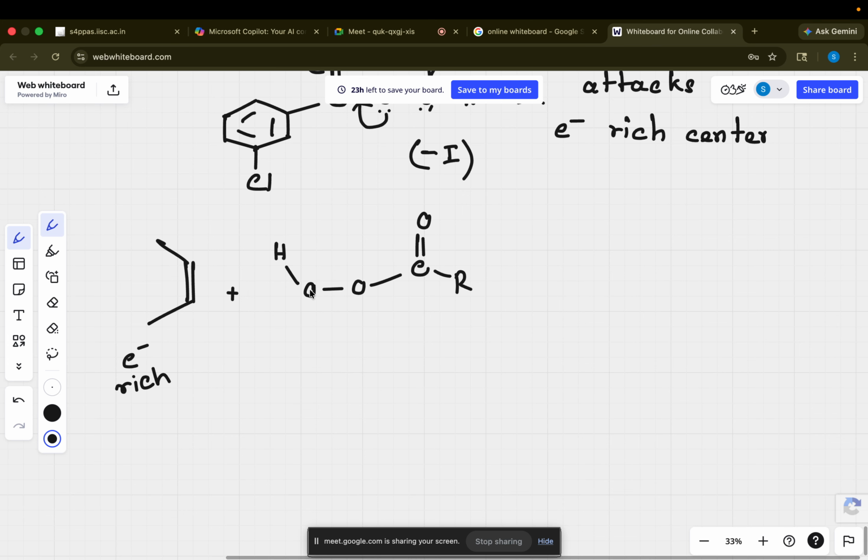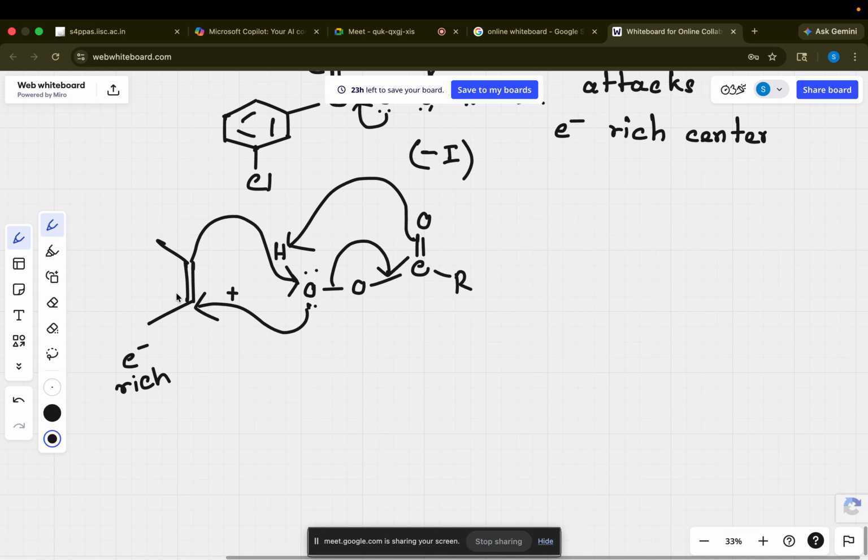So first the double bond will attack this oxygen center. Now this oxygen also has a lone pair, which will attack this carbon center. When it attacks this oxygen, this bond will break, and as it is in conjugation, this double bond will also break and abstract the proton from here. That is the overall mechanism.